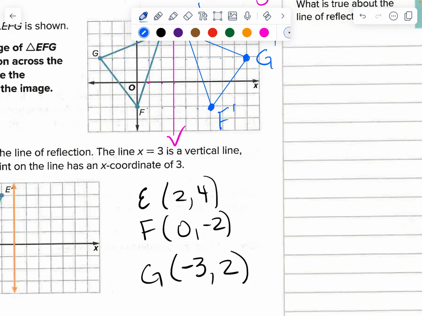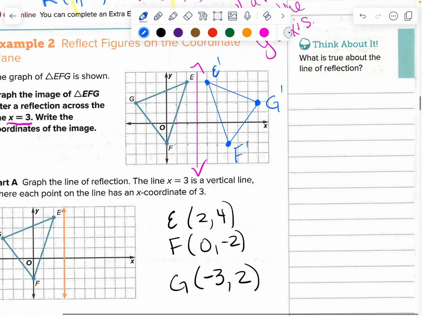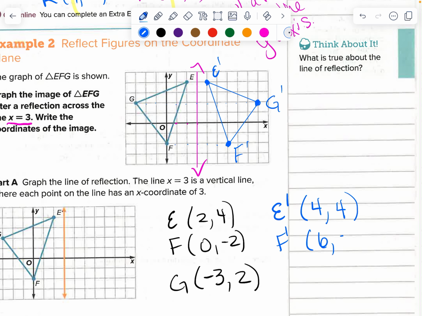And then E prime was at 4, 4. F prime is at 6, -2. And G prime is at 9, 2.